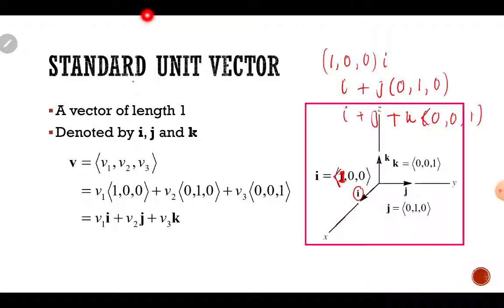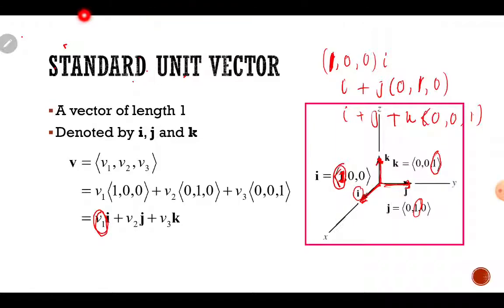Meaning the point is just here. It looks like this. Because for J, vector J only has the Y component, vector I only has the X component, vector K only has the Z component. So that's why here we have V I, whatever value we have. If it is a unit vector, its value is only 1.